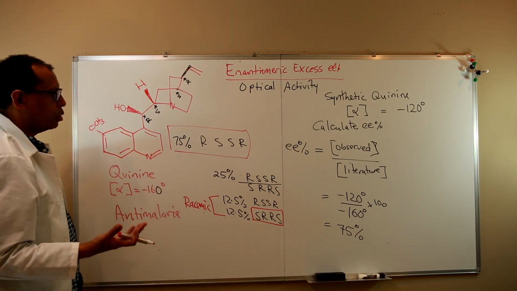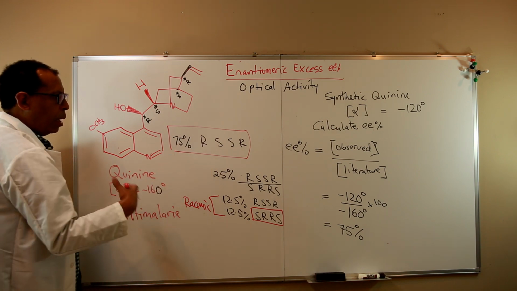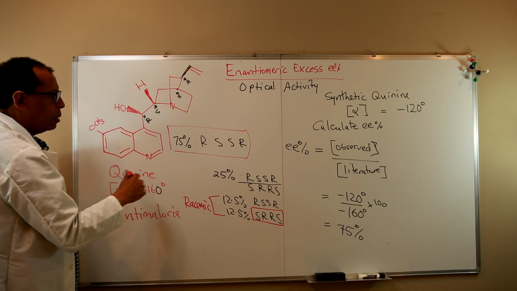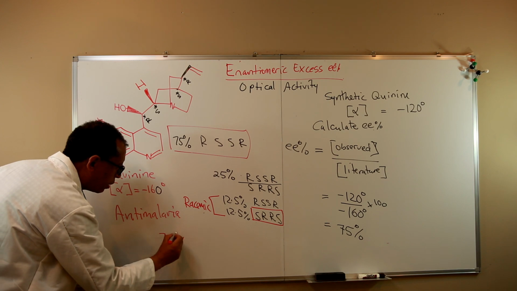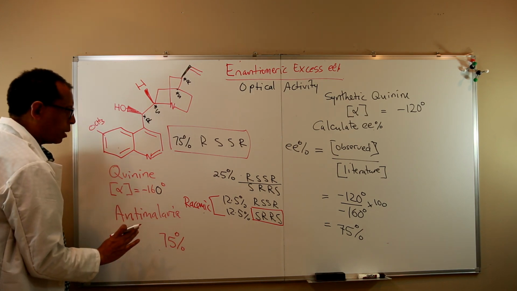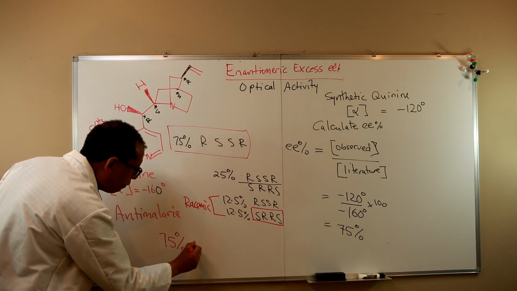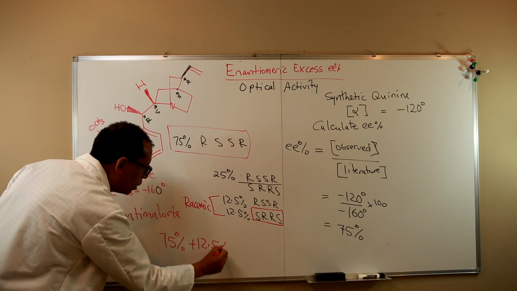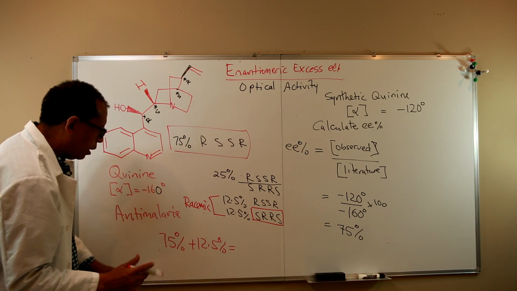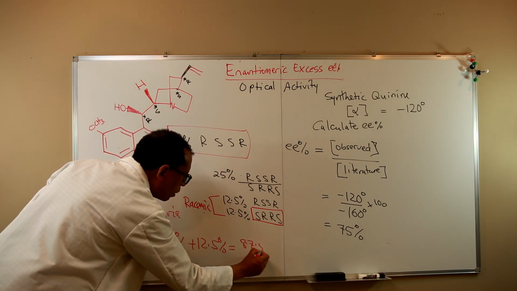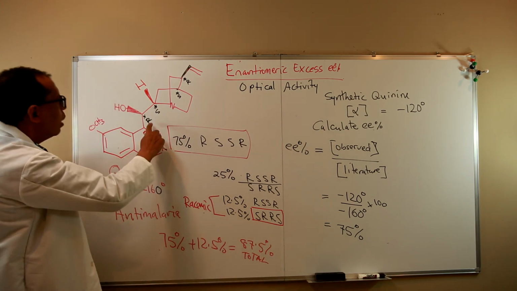So if somebody asks you how much total he got as quinine, RSSR, whether in a mixture or as pure, it is 75% as pure enantiomeric excess of RSSR, and from the racemic he has about 12.5%. So in the sample the total would be 87.5% RSSR.